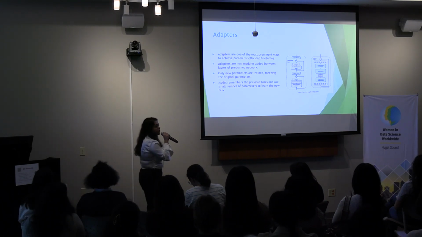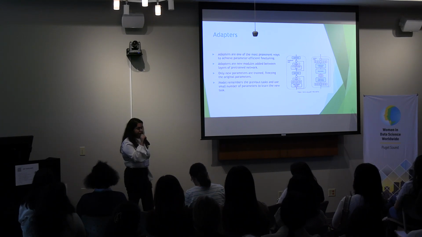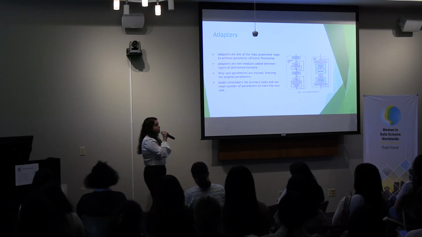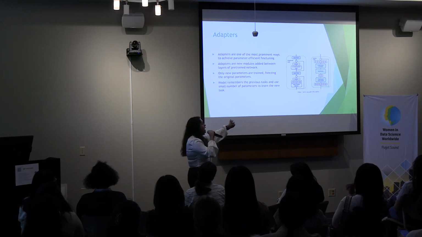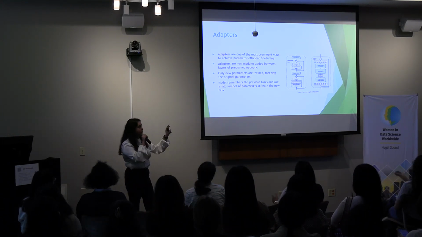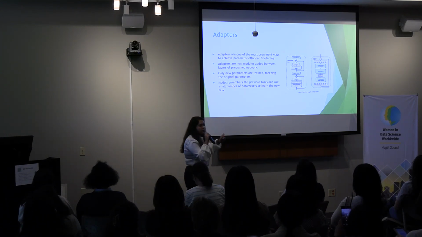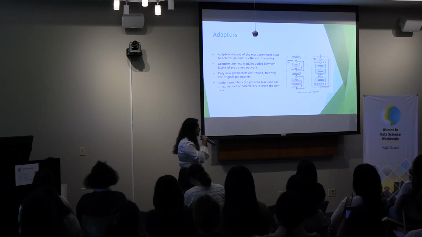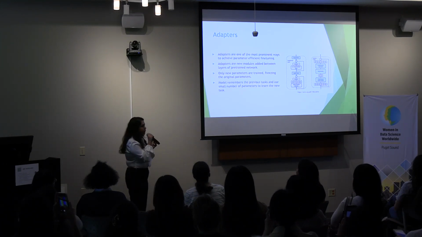So adapters are one of the most prominent ways of achieving PEFT. This is a very standard example of how a transformer layer looks. In the case of adapters, we inject some additional parameters in between the layers. We keep all the other transformer layers frozen and just update these particular parameters.